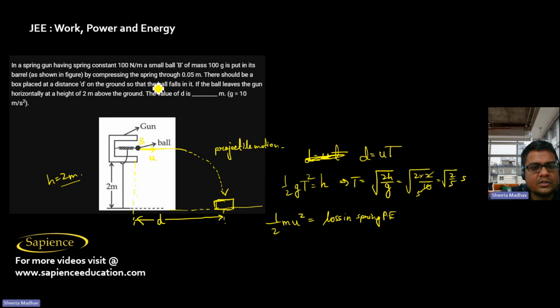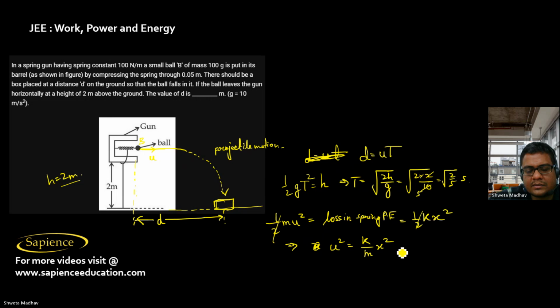Initially the spring was compressed, so initially the potential energy was half k x square, where k is the spring constant and x is the amount of compression in the spring. So half we can cancel, then u square is k by m into x square, which means u is equal to root over k by m into x.